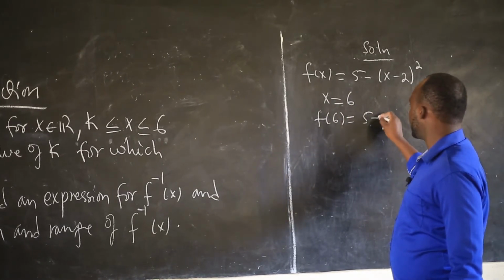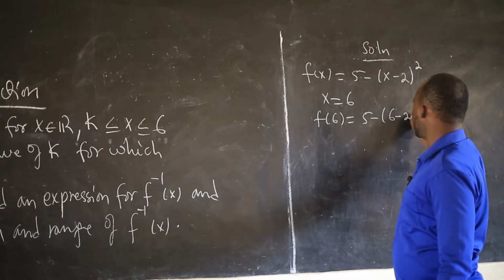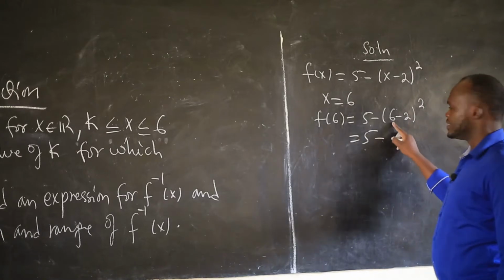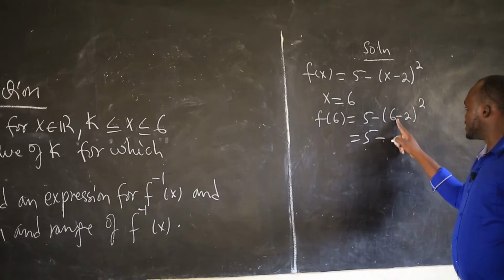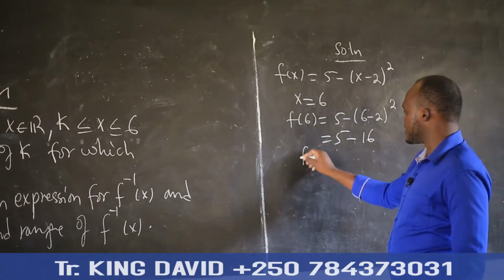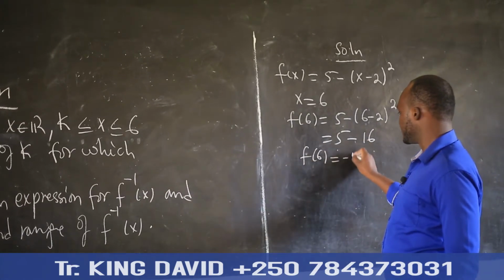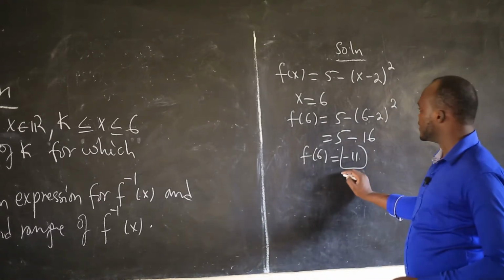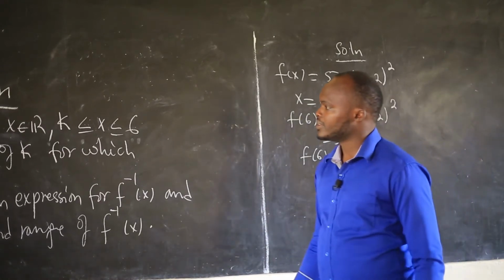That's 5 minus (6 minus 2) squared. That is 5 minus 4 squared, that is 16. So f of 6 is negative 11.